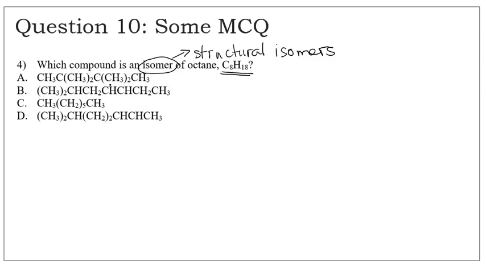So what I'm going to do is write the molecular formula for all of these, starting from A. So 1, 2, be careful with this, 3, 4, 5, 6, 7, 8. So 8 carbon, 3, and then because you have 3 and then you double that, 6, so that's 14.